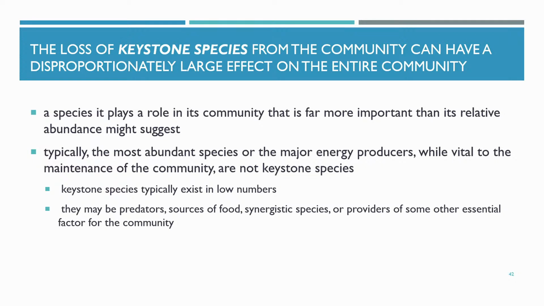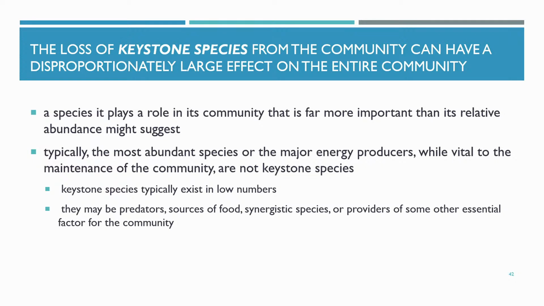Typically the most abundant species or major energy producers, while they are vital to the maintenance of the community, aren't keystone species because they're really abundant. If they're major energy producers, they're going to be there, and it's not really a keystone species. Keystone species usually exist in really low numbers.